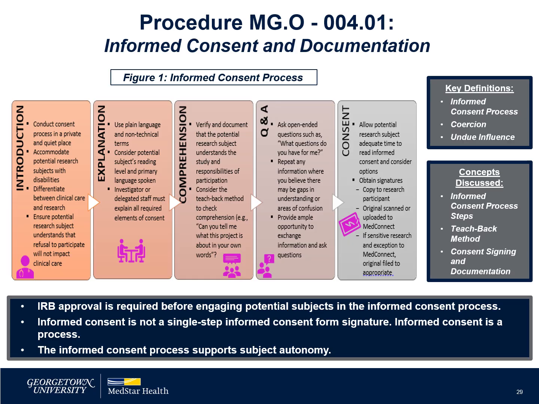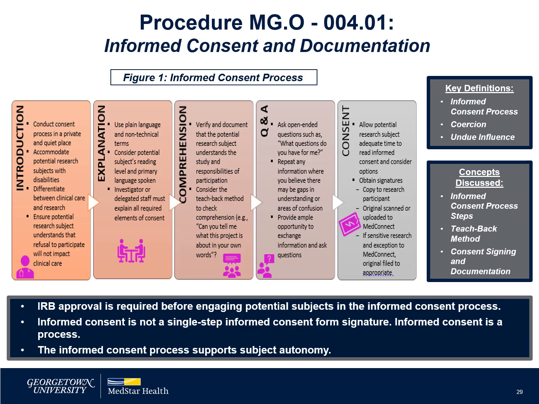In summary, IRB approval is required before engaging potential subjects in the informed consent process. The informed consent process is not a single-step informed consent form signature. Informed consent is a process. There are 5 steps in the informed consent process: introduction, explanation, comprehension, question and answer, and consent.